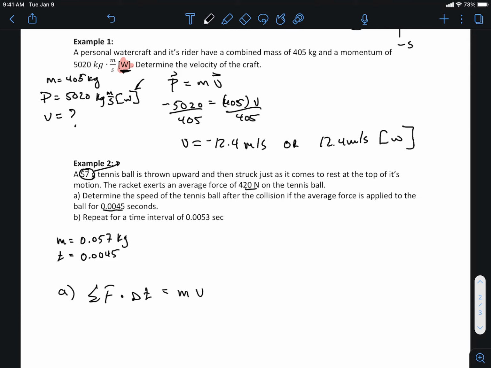And we know that the average force applied over this time was 420 newtons. We're looking at such small times that we can use the average force, because the variation in that average force is probably not very big over such a small amount of time.